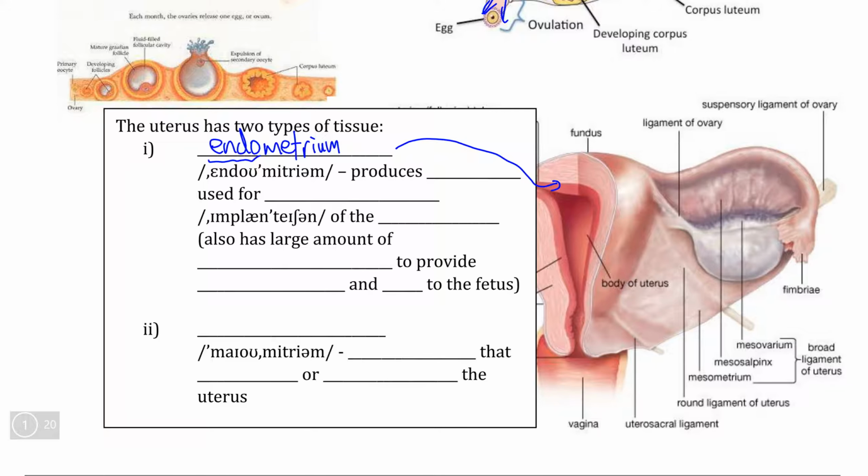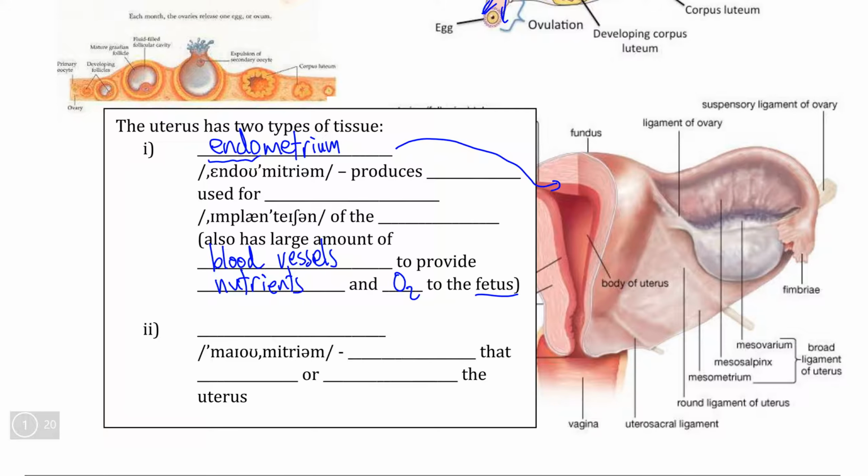We can see in this diagram here that it is a much darker red color, which probably indicates that it has a much higher amount of blood flow in it, because the endometrium is largely composed of blood vessels, specifically capillaries, and their job is to provide the growing baby, the fetus inside of this, with nutrients and with oxygen gas in order for the fetus to be able to grow and breathe and sustain itself until it is ready to be born.